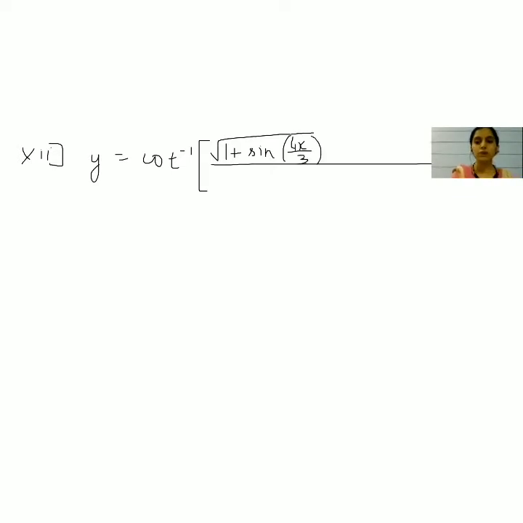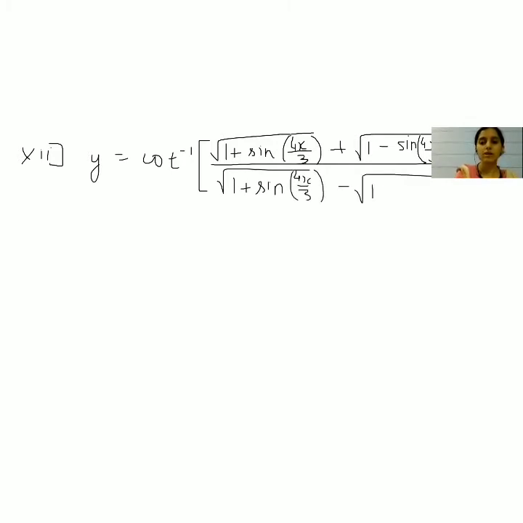Plus root of 1 minus sine 4x by 3. Same, root of 1 plus sine 4x by 3 minus root of 1 minus sine 4x by 3, right? So close the square bracket.